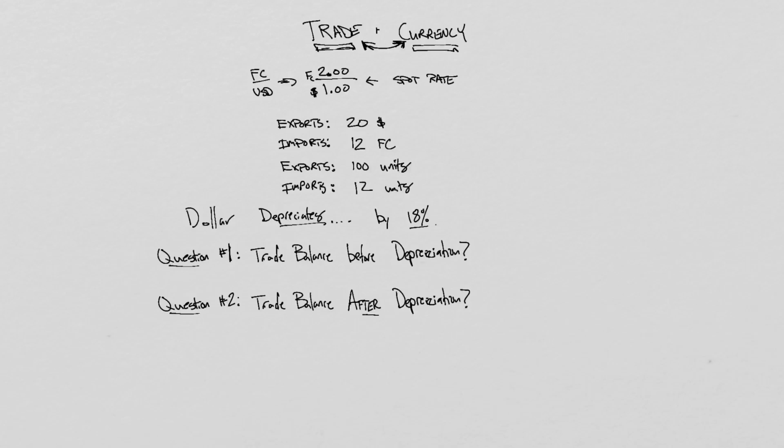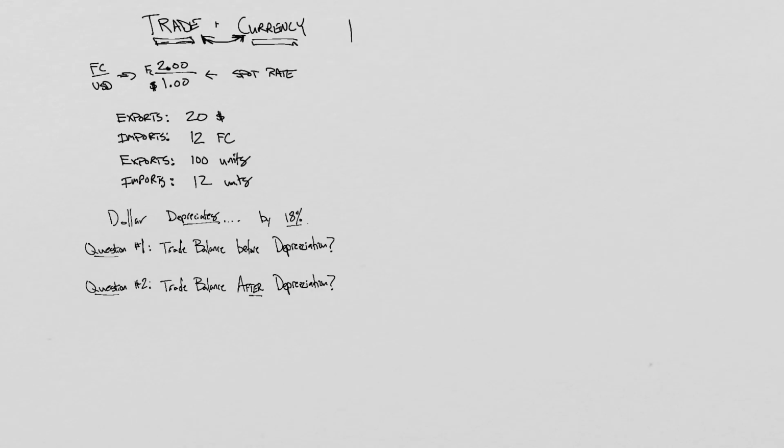And to answer these 2 questions, we really have to look at, in dollar terms, how much is being imported and exported, and in foreign currency terms, how much is being imported and exported. And how does that change when the value of the dollar changes? So we have a few steps to answer these 2 questions. And first is to figure out revenue for the U.S. in terms of exports.